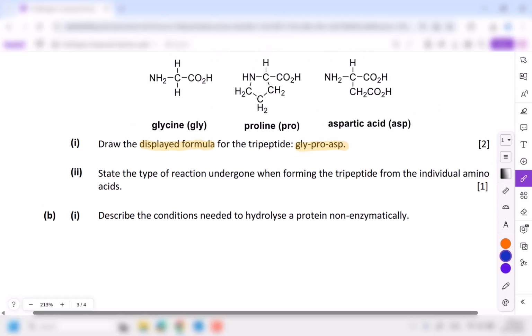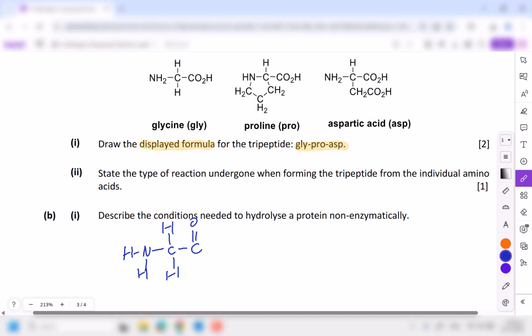So first of all, I have glycine on the left hand side. Remember, when you are writing out the formula for peptides, it must be written from the N to the C terminal. So we have glycine first, over here with NH2, and then the carboxylic acid.